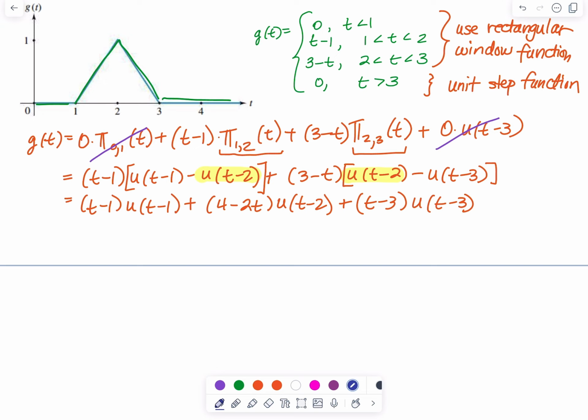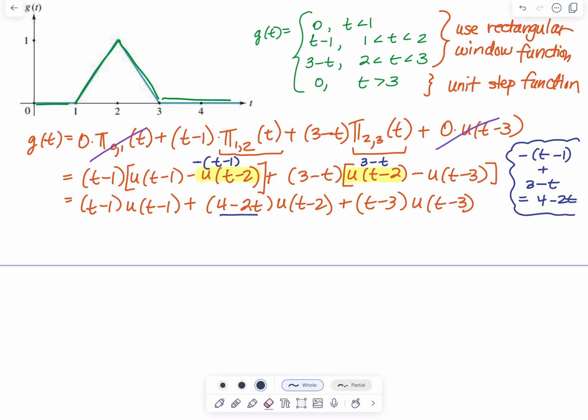We have t minus 1 of them, and then here we're going to have 3 minus t of them. Of course, this is a negative of these t minus 1's. So that's where we come up with 4 minus 2t. We have negative t minus 1 plus 3 minus t, and that gives us a 4 minus 2t. So that's where those are coming from.